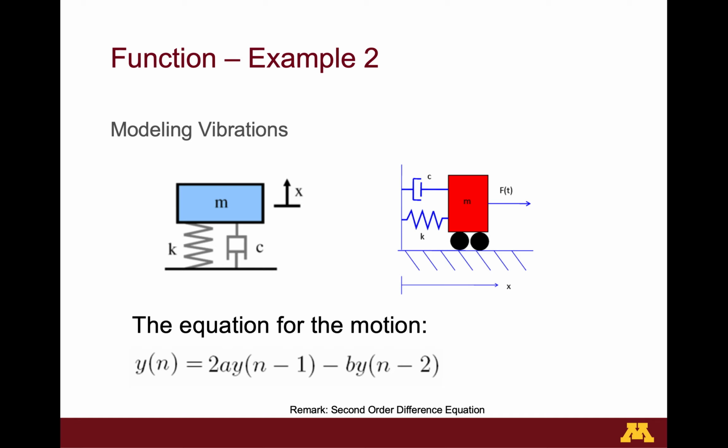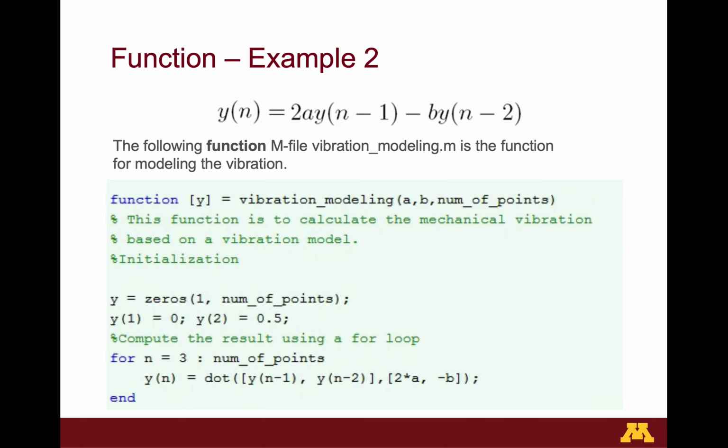And example 2 is to model vibrations, and the equation for this motion problem is y n equals 2 times a times y n minus 1 minus b times y n minus 2. Again, you can see the principles of solving this problem in the textbook. The following function M file, vibration modeling.m, is the function for modeling the vibration.